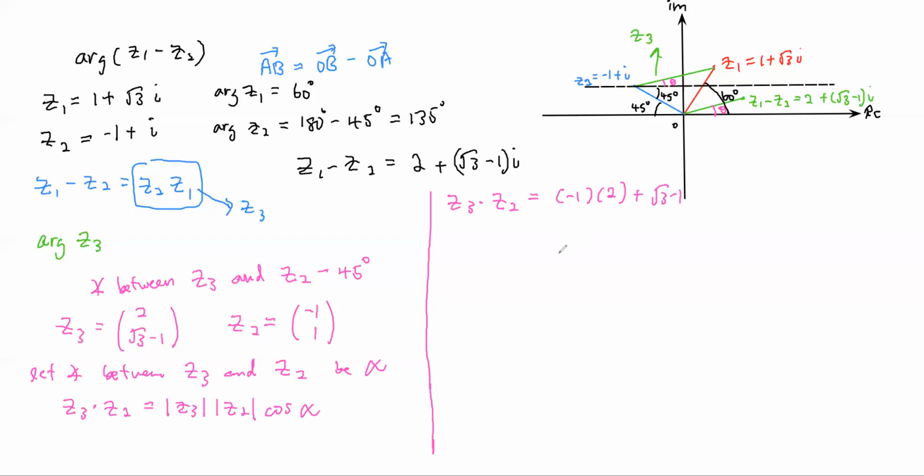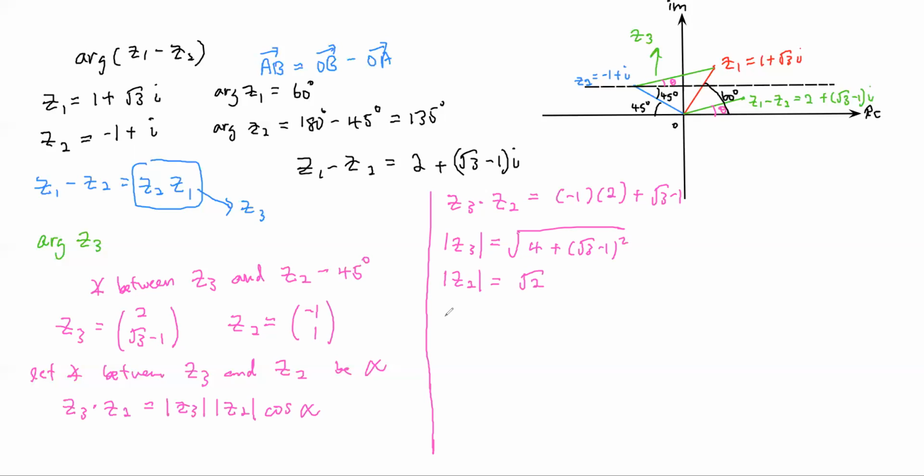And the magnitude of Z3 is the square root of 4 plus square root 3 minus 1 squared. And the magnitude of Z2 is square root 2.